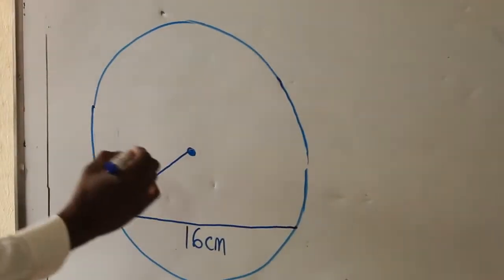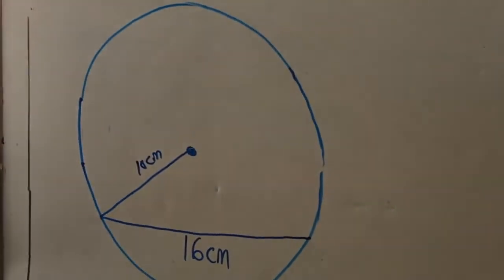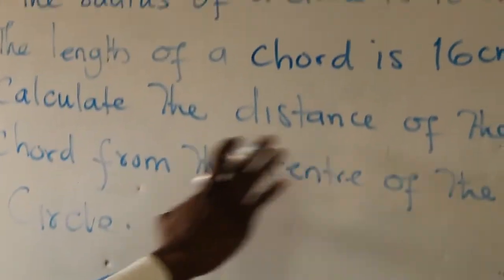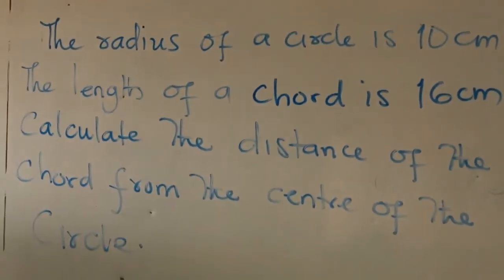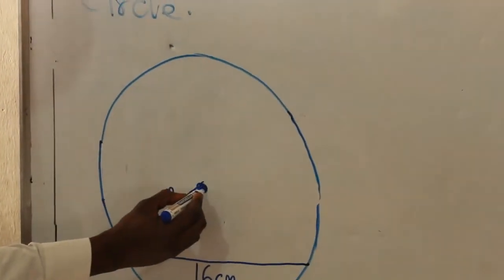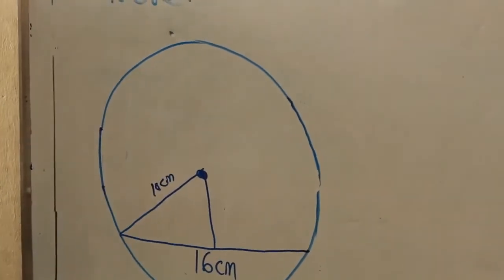And the radius of that circle was given to me as 10 centimeters. The question says that we should find the distance of the chord from the center of the circle. So they're actually looking for the distance from this center down to this chord.